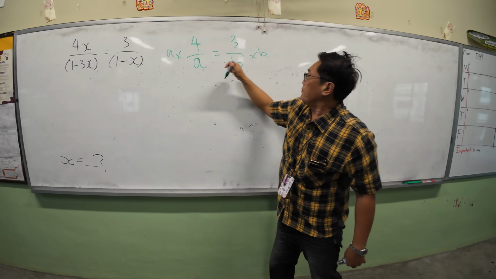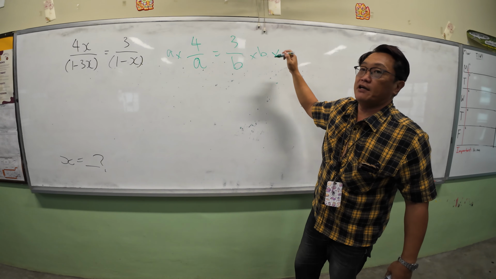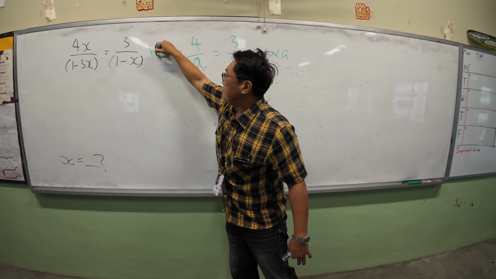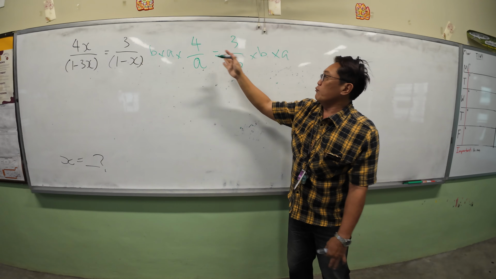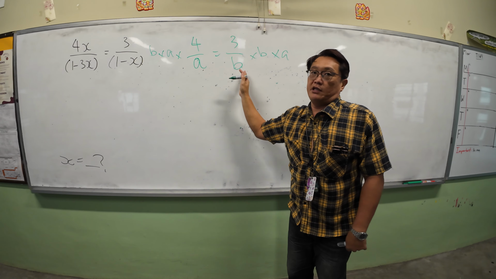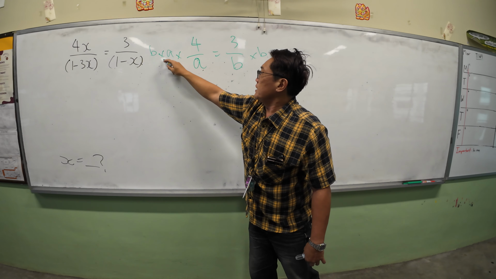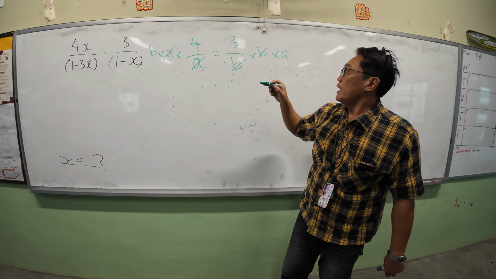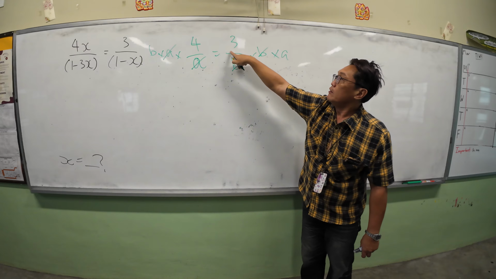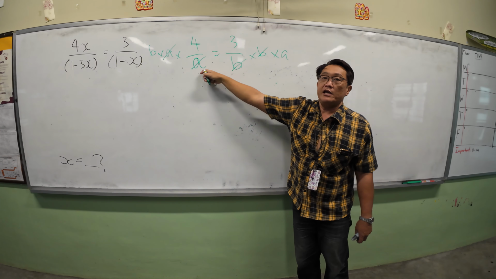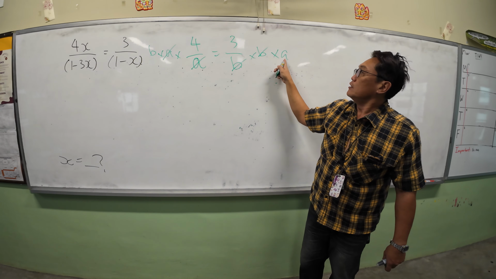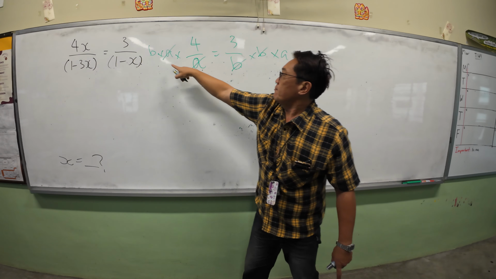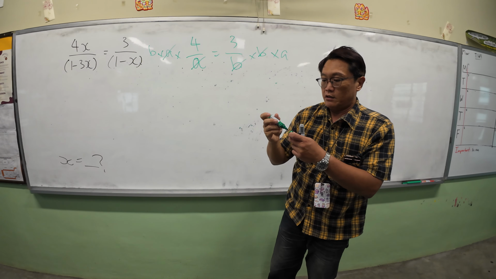So I want to multiply A means I must multiply A here also, left and right side. I want to multiply B here, I must multiply B here also. So in the end, when I multiply both this denominator, this will cancel out, this will cancel out. End up, I will have 3 times A, and I will have this numerator multiplied by this denominator.